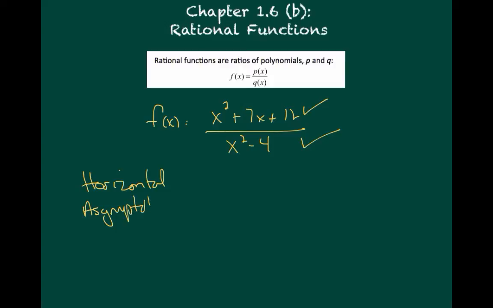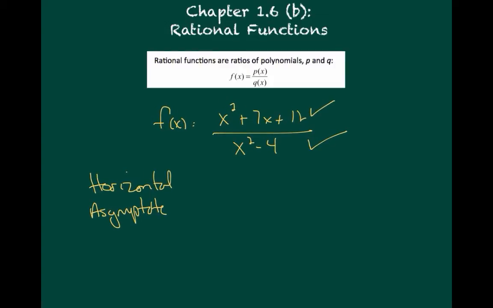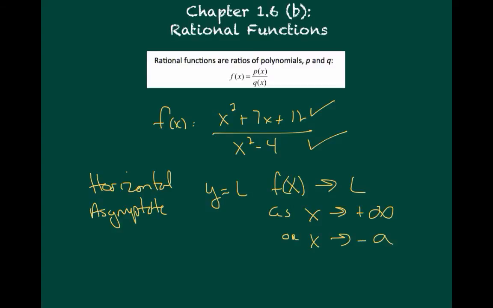A horizontal asymptote is a horizontal line like y equals L that f of x approaches as x approaches either positive infinity or negative infinity.